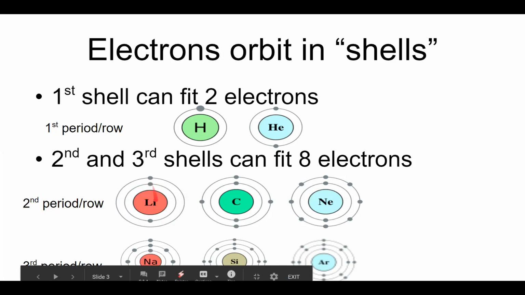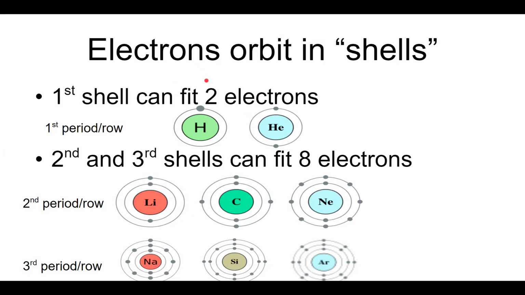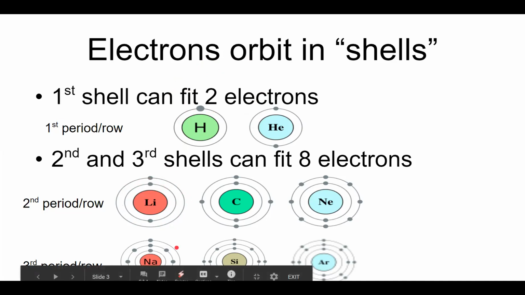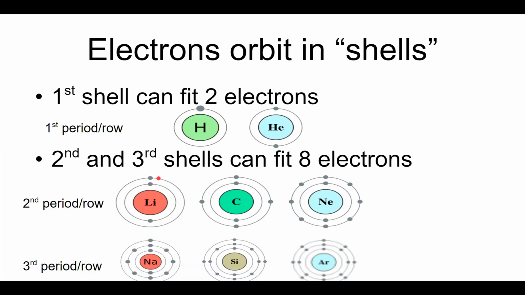We put 1 and 2 on that first shell, but now that first shell is full. So our third electron can't go on the first shell. He has to start filling in the second shell. So lithium has 3 electrons, 2 on the first shell, and 1 electron goes on the second shell.